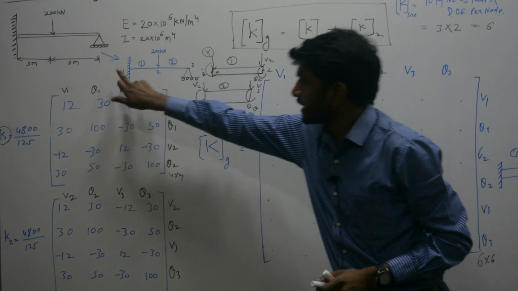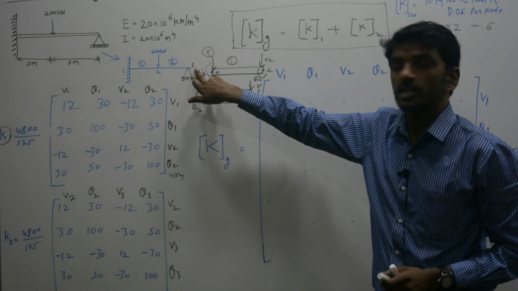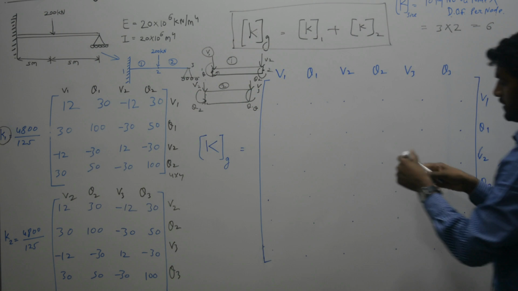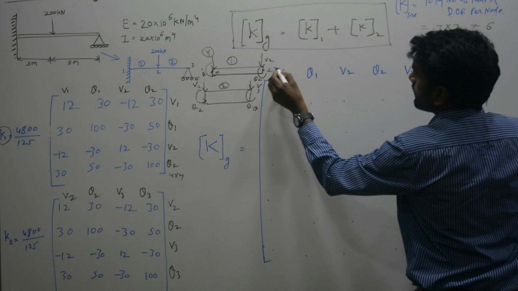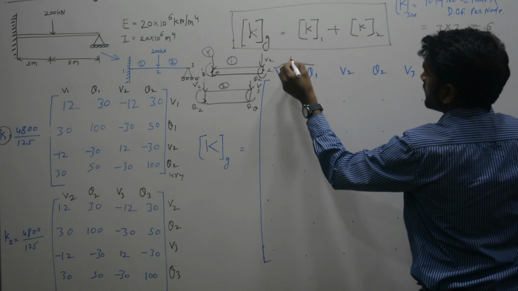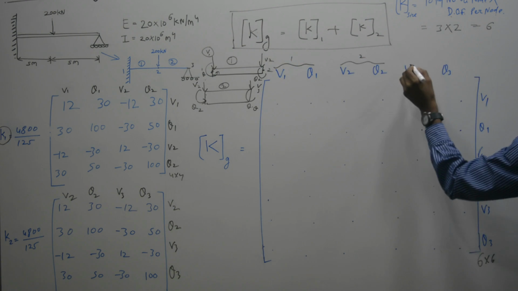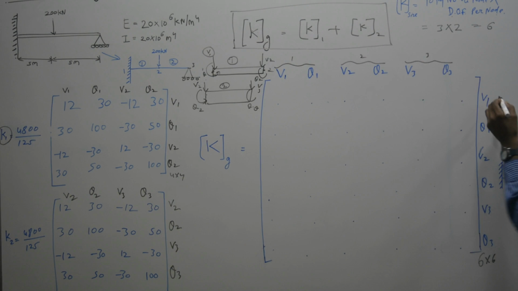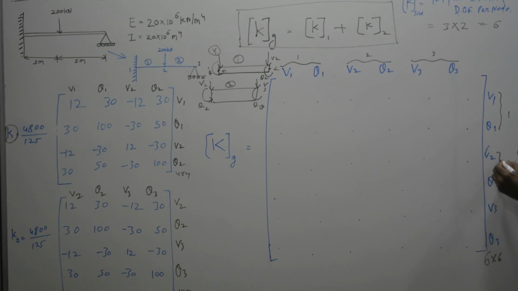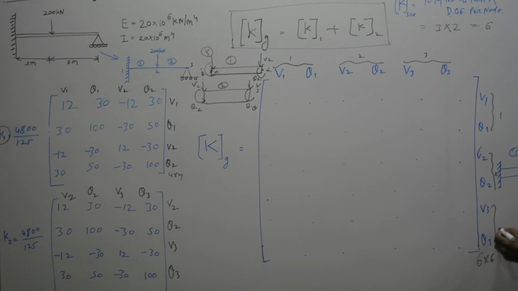You can also see that there are 3 nodes. For node 1 these are the 2 degrees of freedom, for node 2 these are the terms, and for node 3 these are the terms.